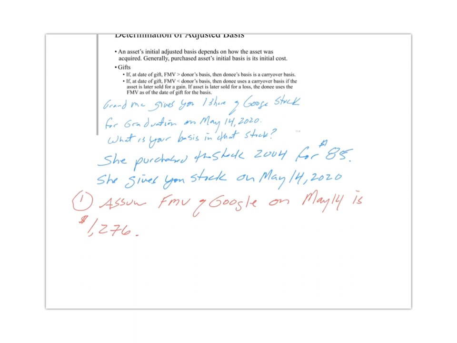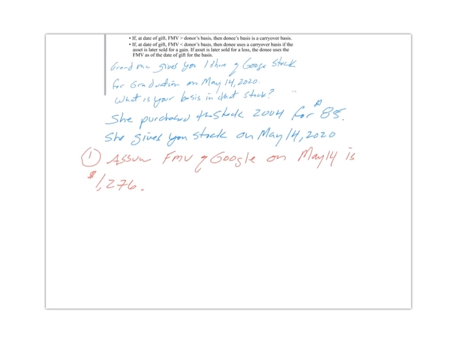If that is the fair market value of the Google stock on May 14th, then what is your basis? Your basis is $85, which is called carryover basis, because that was the basis that your grandma had.